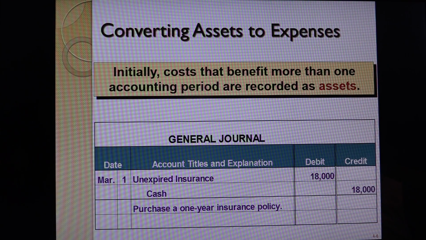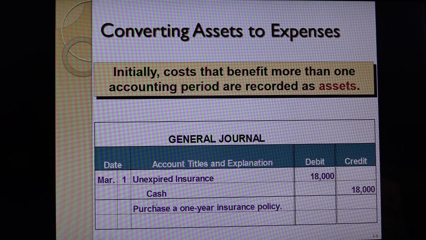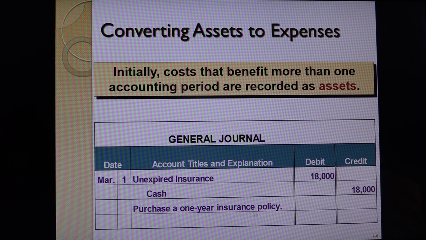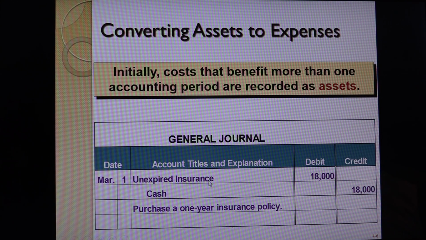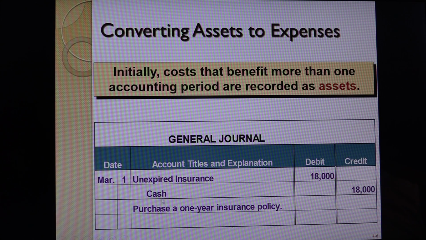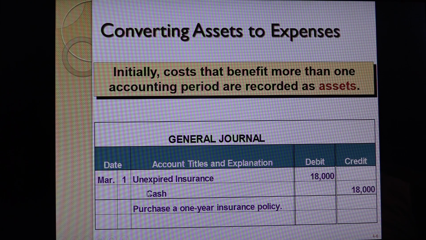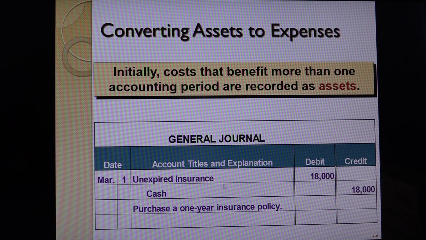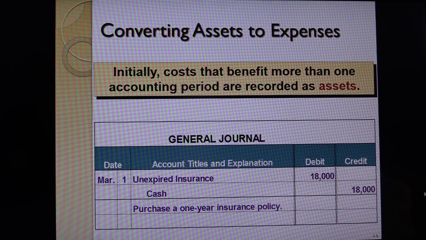Again, don't forget your explanation underneath the journal entry. So debit, prepaid or unexpired insurance, credit, cash. Notice when you make your entry for the credit, in this case cash, that you indent that. So it just kind of sets apart the account that you're crediting versus the amount that you're debiting.